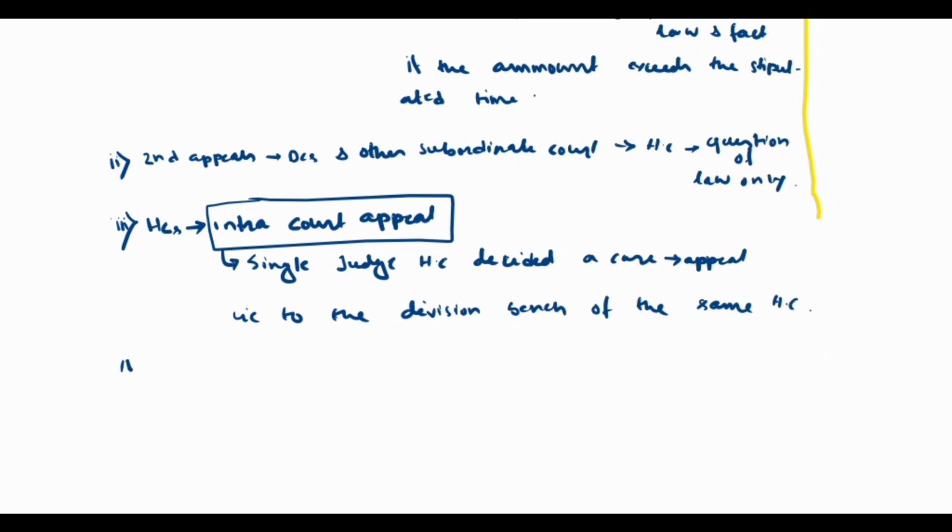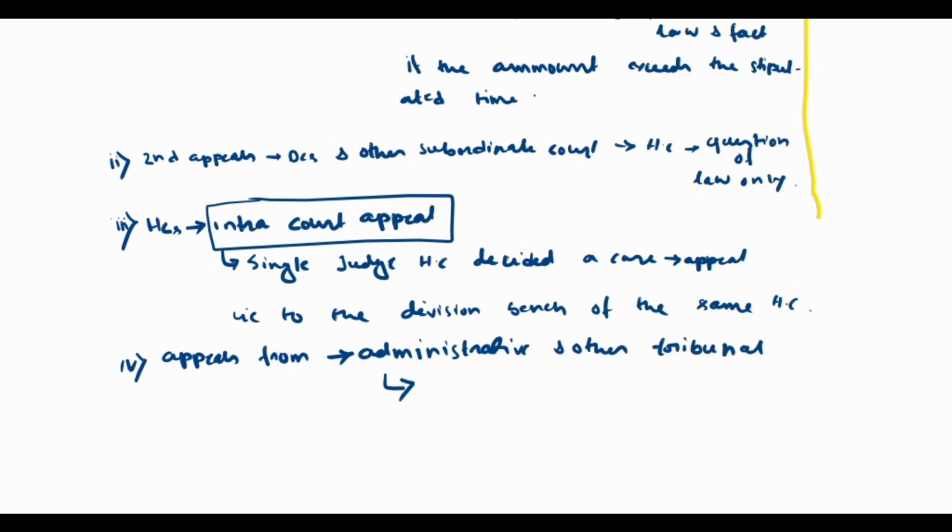Fourth one is appeals from administrative and other tribunals lie to the High Court.